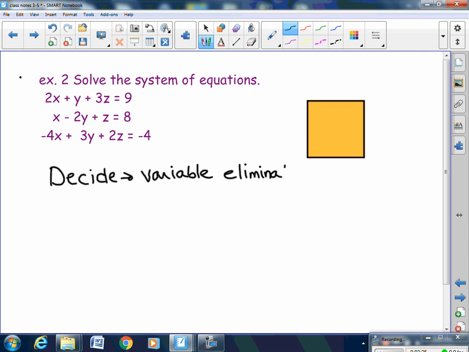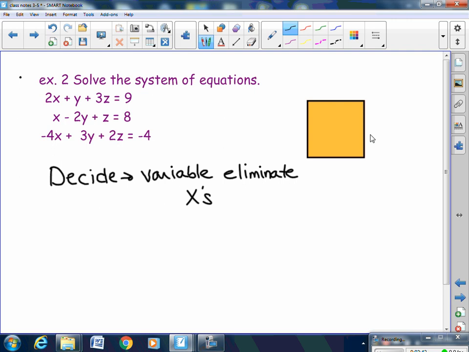It doesn't matter, you just have to stick with the same variable. So I'm going to eliminate the x's. You can eliminate the y's or the z's, but you have to stick with the same variable that you want to eliminate.